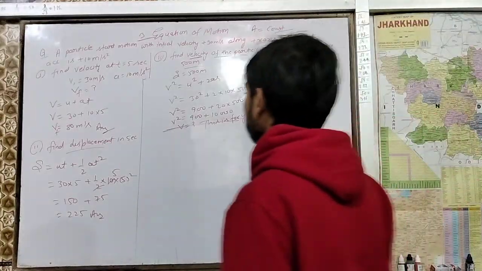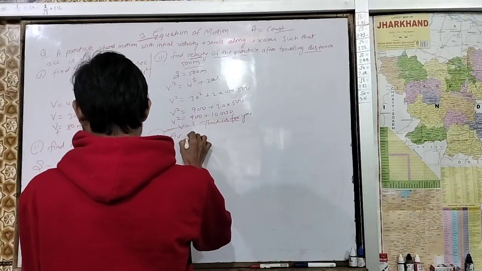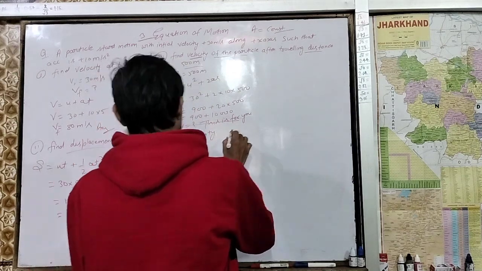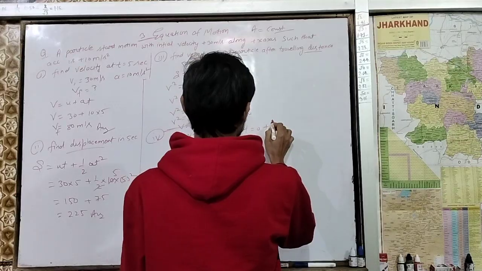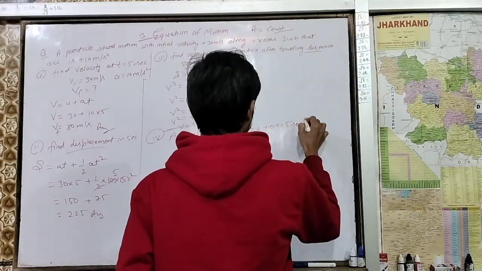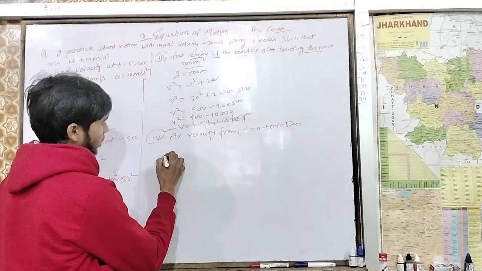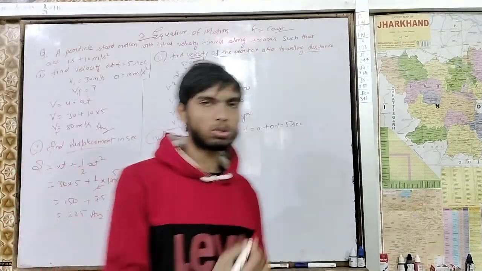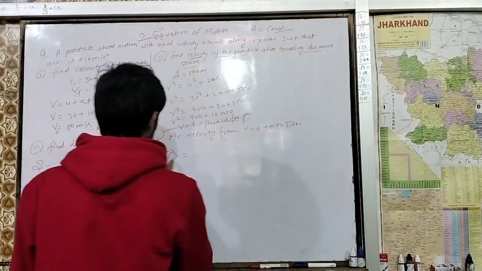Now the next question, the fourth: average velocity from t equal to 0 to t equal to 5. There is a formula for this. A bar symbol is used for average.